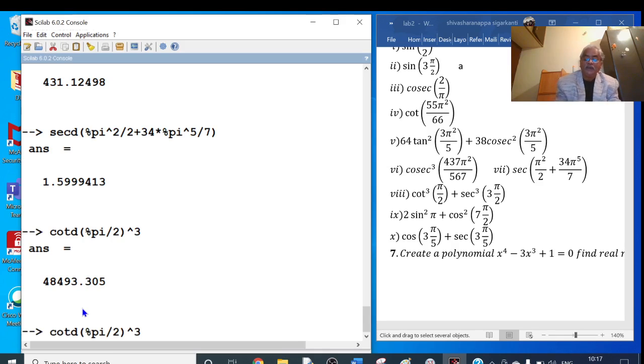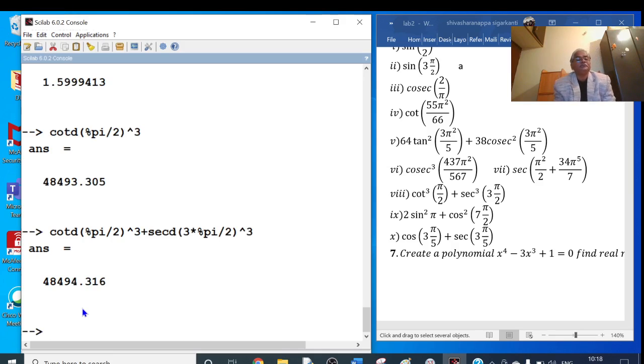So to this I have to write again plus secant cube of, that is sec d of 3 pi by 2, 3 star percent pi by 2, bracket close. Is this correct? I think it is correct. Secant cube is there, for that I have to add caret 3. Now this is correct.